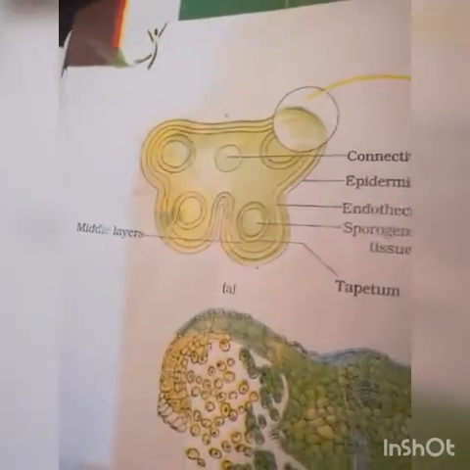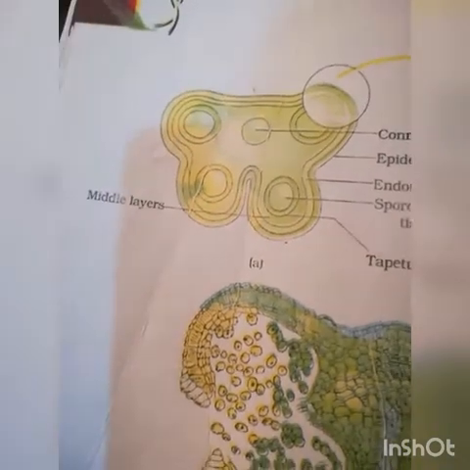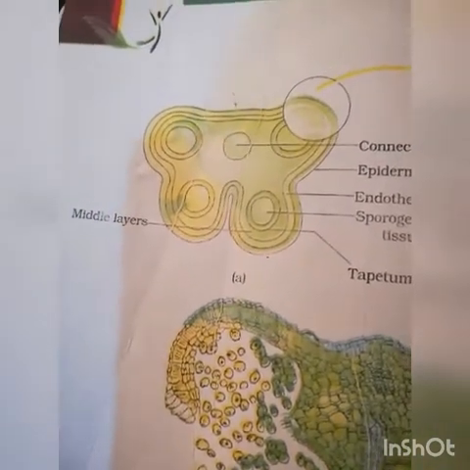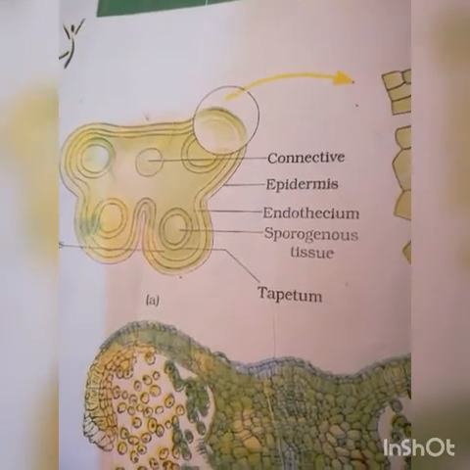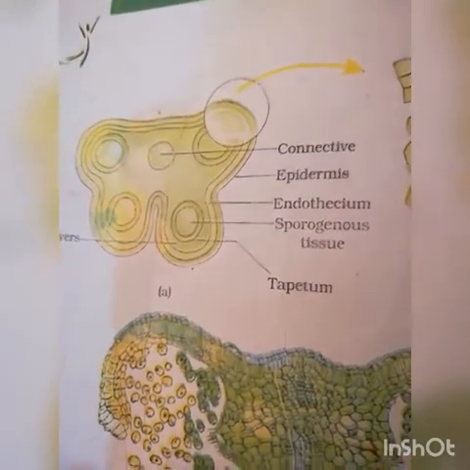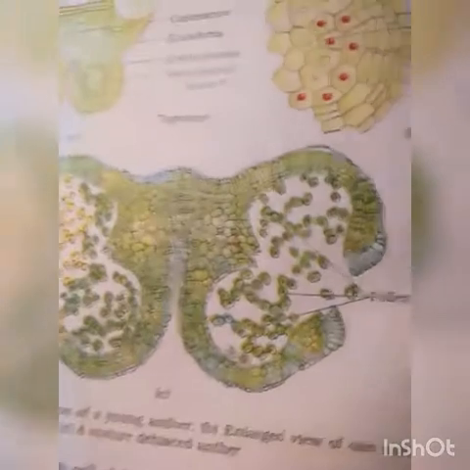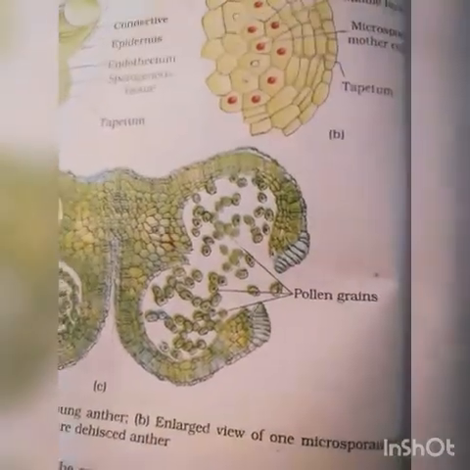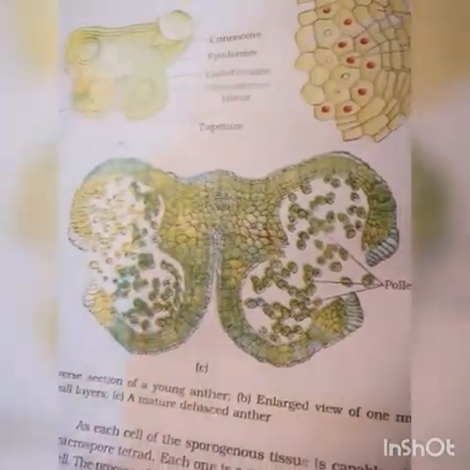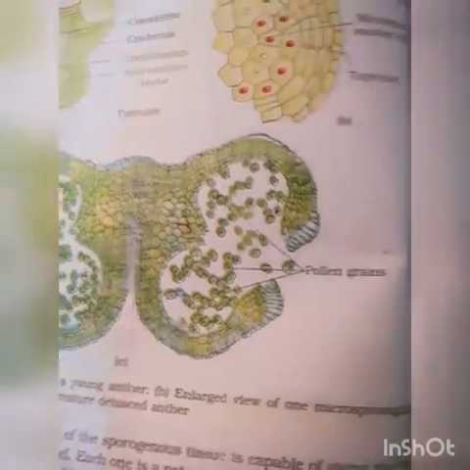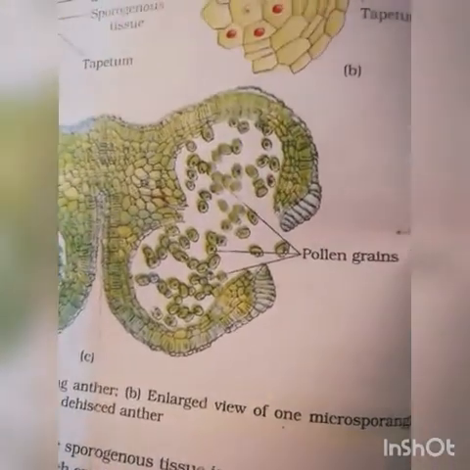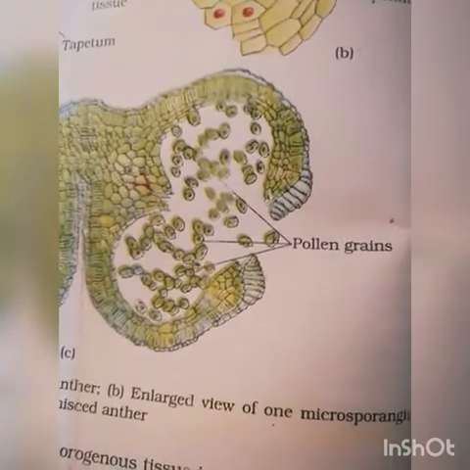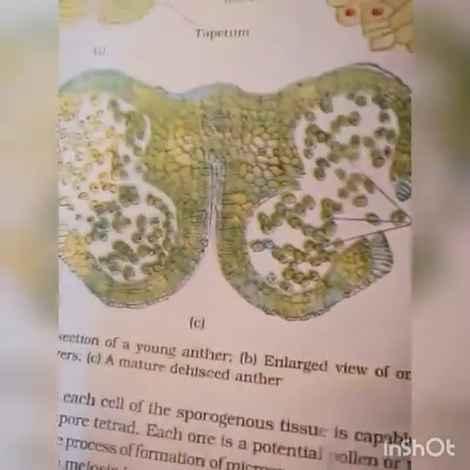This is a tetralobed anther TS. Connective, epidermis, endothecium, sporogenous tissue. This is TS of anther. Pollen grains are formed inside the pollen chamber or microsporangium.